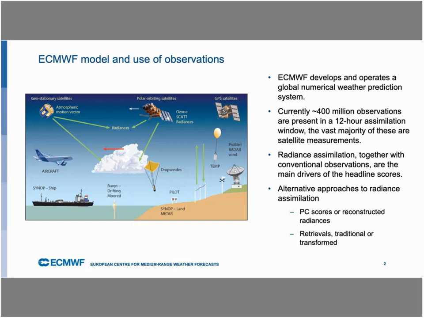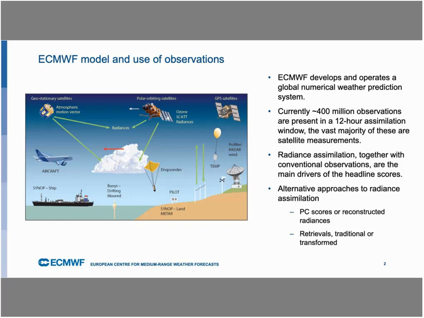So we are using radiances from geostationary satellites and polar orbiting satellites, like Meteosat satellites, GOES satellites from US and so on, and then IASI, AMSU-A, MHS types of instruments from the polar orbiting satellites. Then we, of course, use also scatterometer data and GPS radio occultation, and some Level 2 products like atmospheric motion vectors, which are giving wind information that are derived from satellite images.